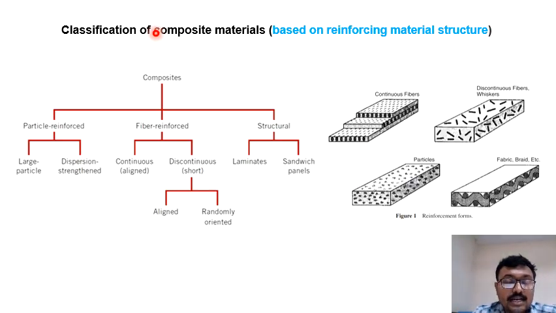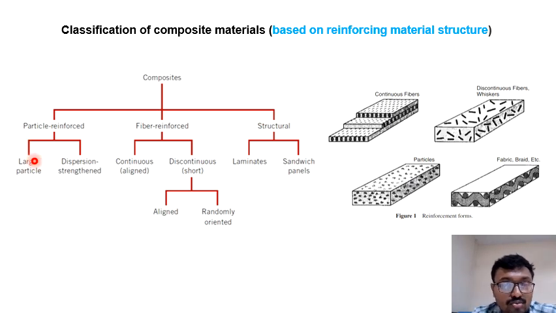Next, classification of composite materials based on reinforcing material structure. In a composite material, there is a dispersed phase, which is the reinforcing material. So based on the reinforcing material, we can classify the composite material. First one, particle reinforced, fiber reinforced, and structural.